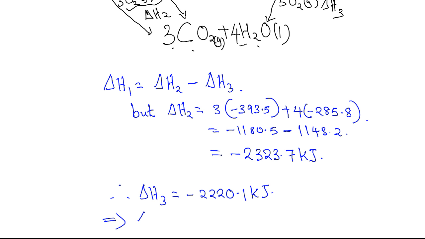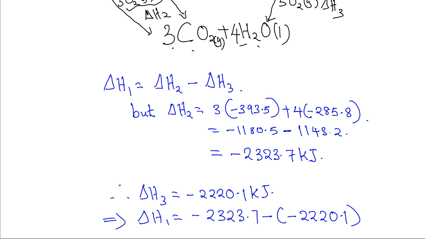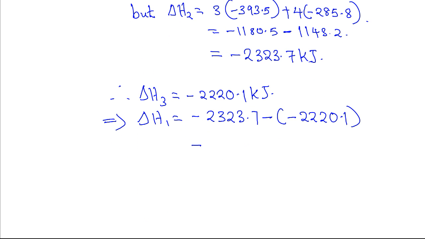So this implies that delta H1 is equals to minus 2323.7, then minus 2220.1, and that will give negative 2323.7 plus 2220.1, which finally gives negative 103.6 kilojoule.